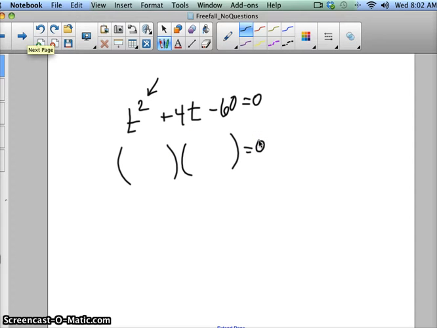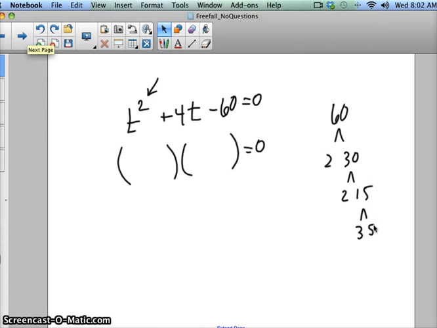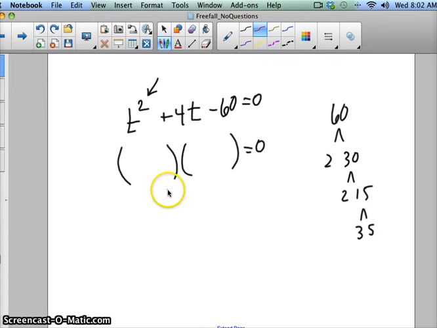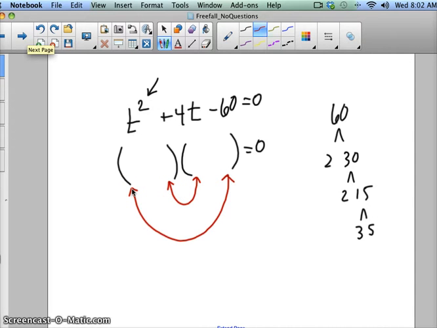And one approach to factoring is first figuring out your factors for 60: 2 and 30, 2 and 15, 3 and 5. And I want to figure out a combination of numbers where one of them is positive and one is negative. So I need factors of 60 that when added will give me 4, and when multiplied will give me negative 60. Okay?